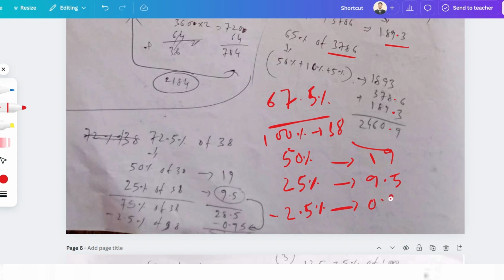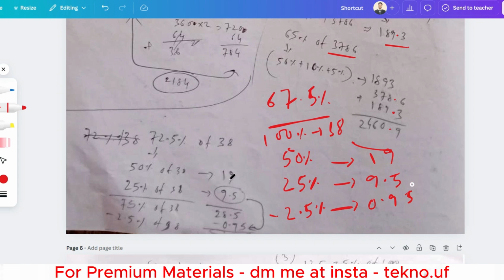So 0.95 will be the answer for 2.5%. See, the calculation is getting very much easier, right? If we just add these numbers, we will get our desired output, nothing else. So 19 plus 9, that becomes 28.